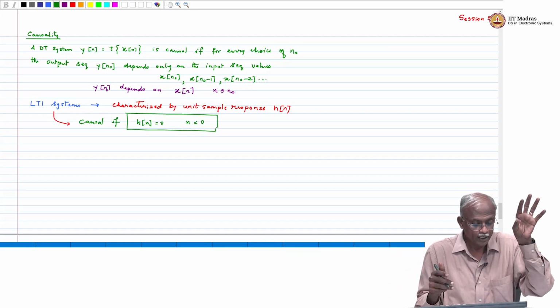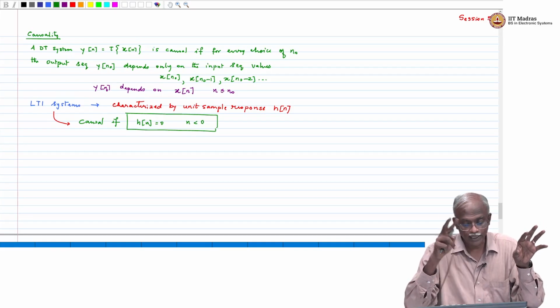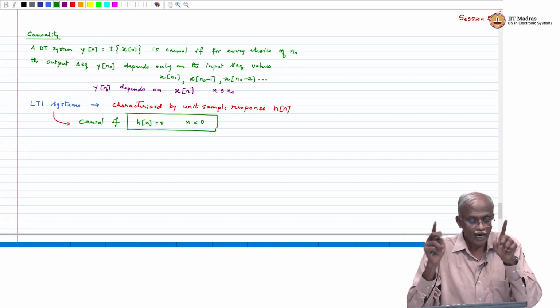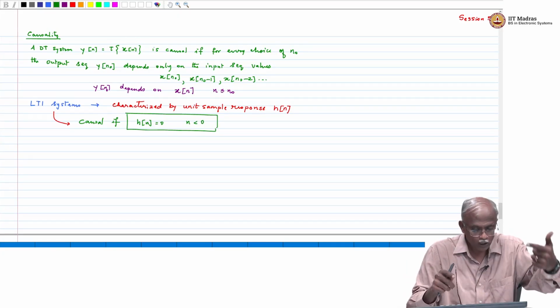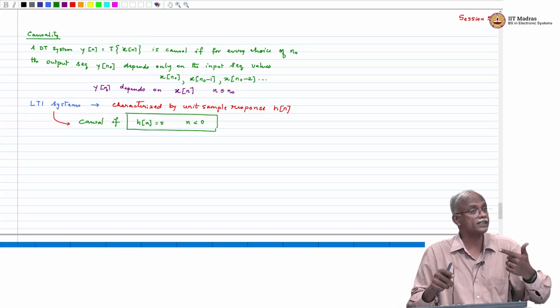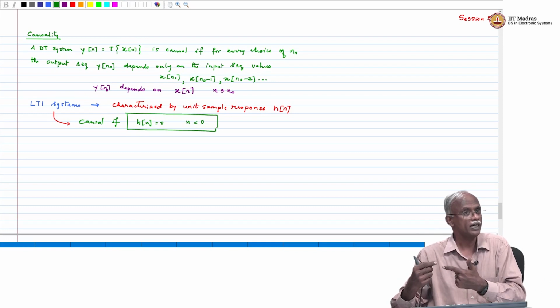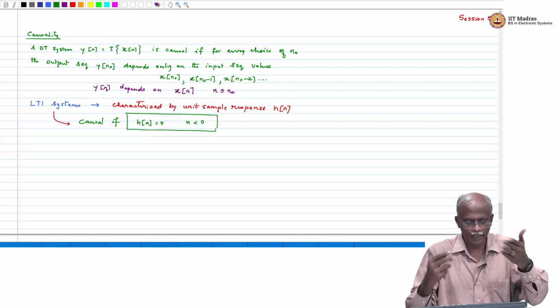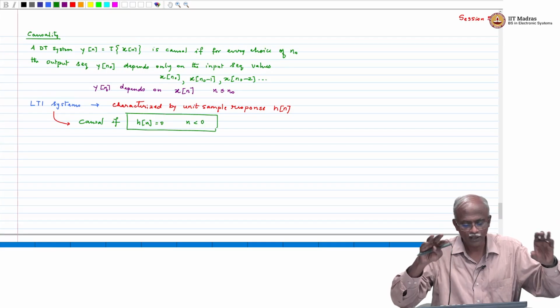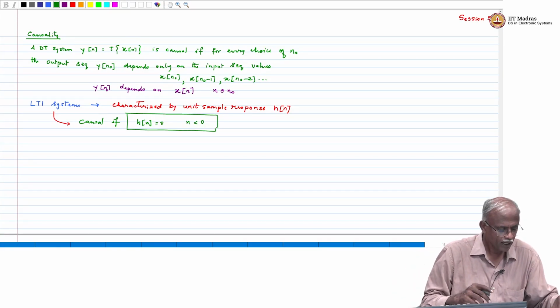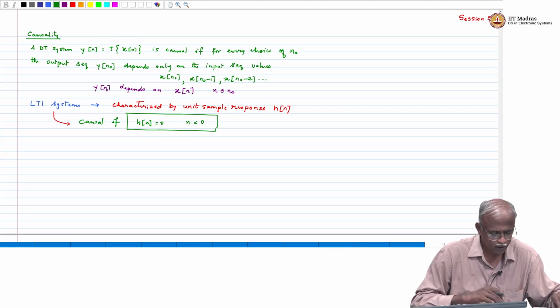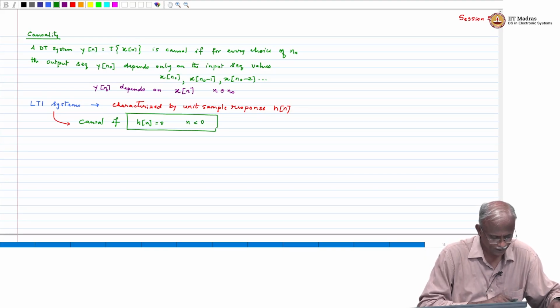And we also said that if it was an LTI system, this would be characterized by an impulse response, and the discrete time system, which is LTI, would be causal if the LTI system's impulse response is also causal. So we can check either using the general definition, or if we are given that it is an LTI system, then we can check for the causality in this fashion.